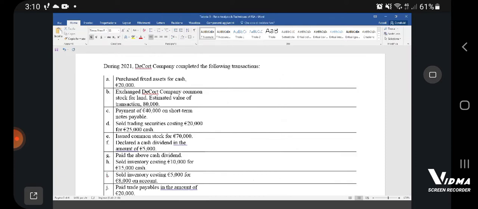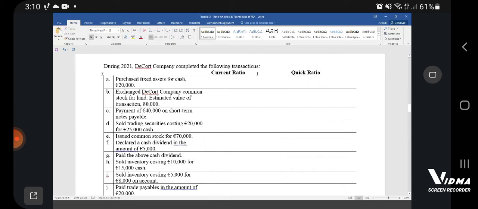The first one will be the current ratio. And the second one will be the quick or the acid test ratio.